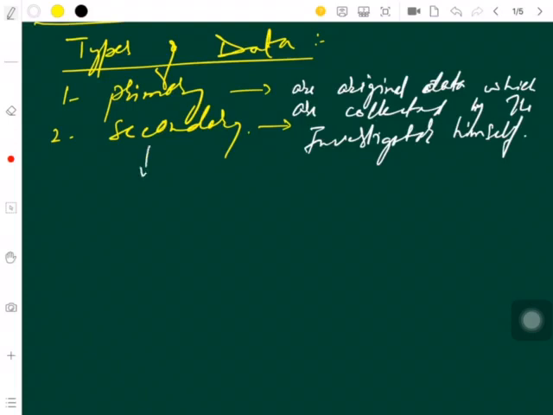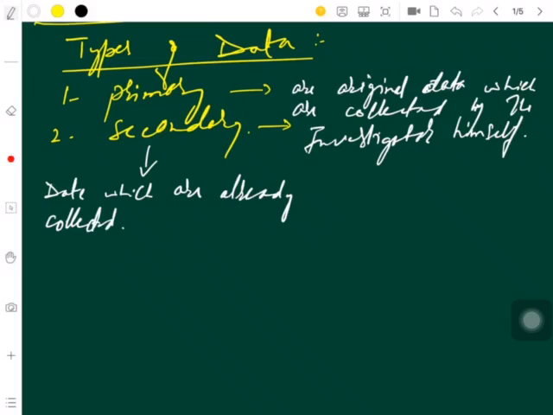While secondary data means data which are already collected.